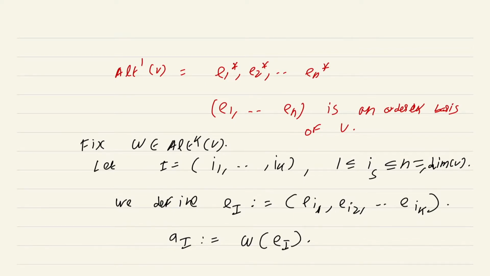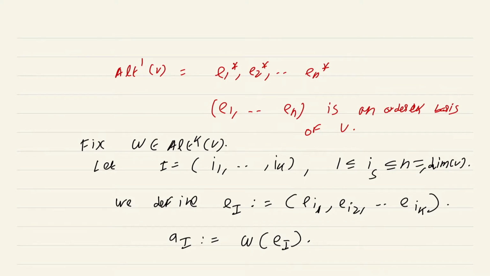That's what it is at the end of the day. I am fixing a particular k-tuple, e_{i1} to e_{ik}, then feeding it to omega, I will get a real number. That real number I am calling a_I.